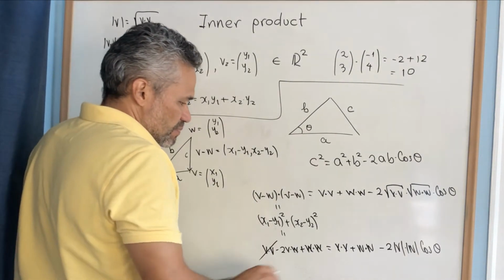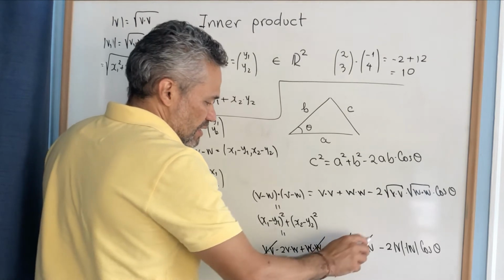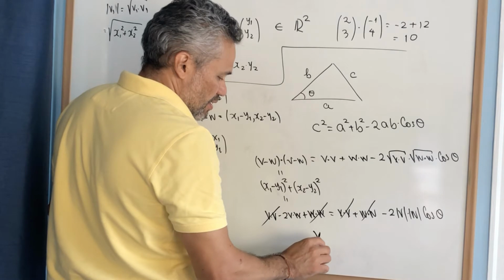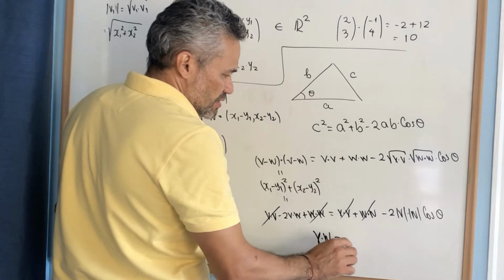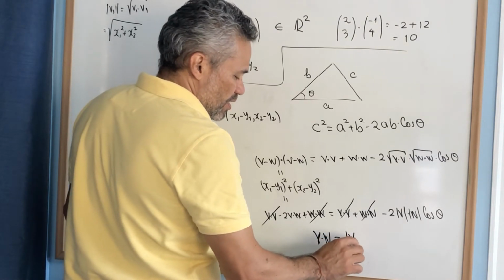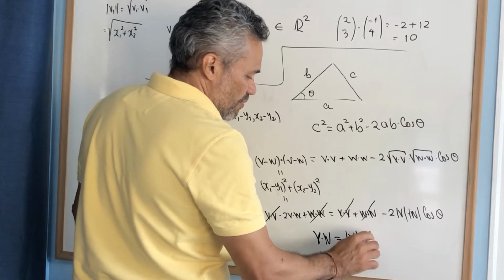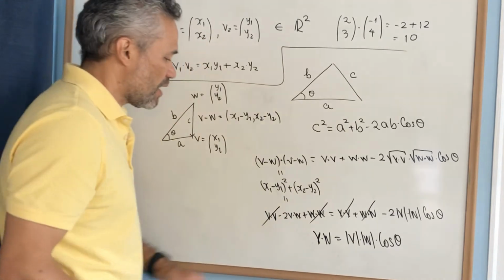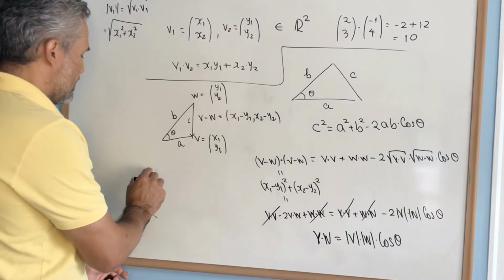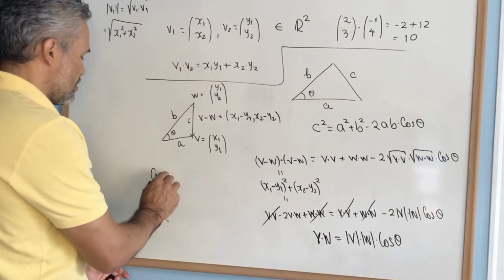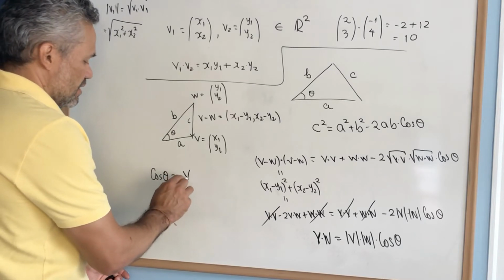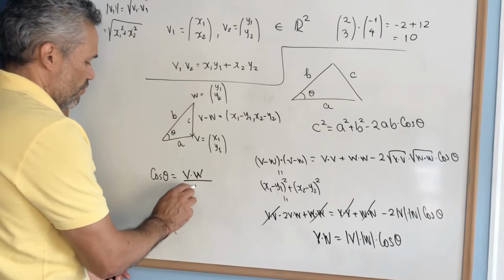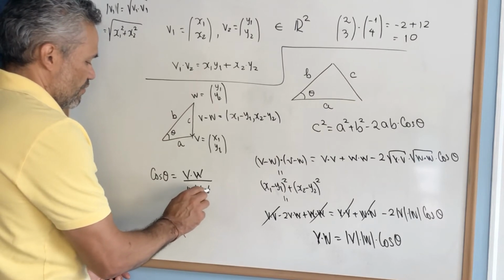Therefore, these terms cancel out, and we end up with this formula: v dot product with w is equal to the norm of v times the norm of w times cosine of theta. As a consequence, the cosine of the angle between two vectors is just the dot product of v and w over the norm of v times the norm of w.